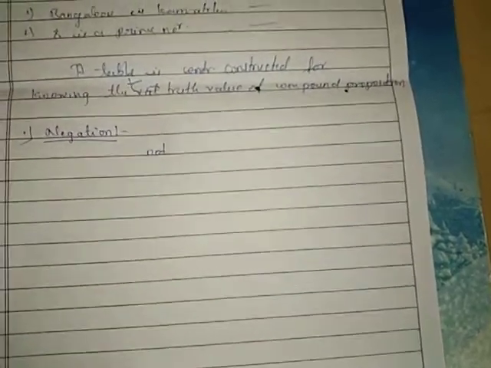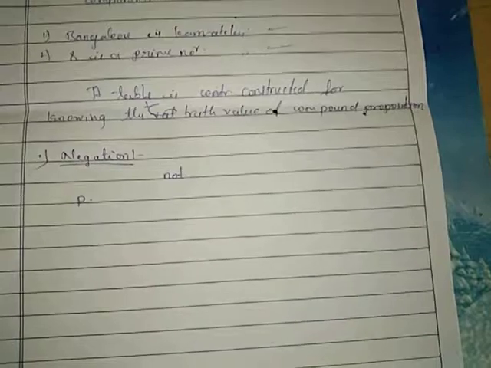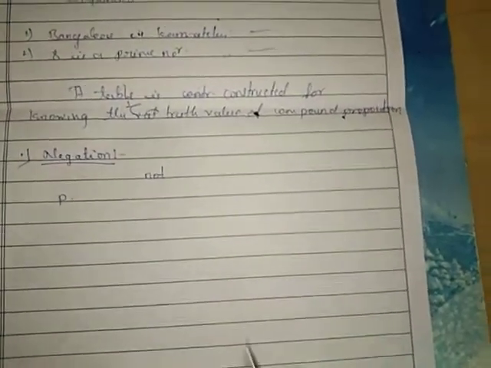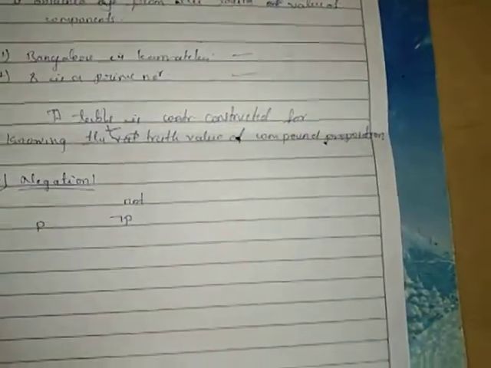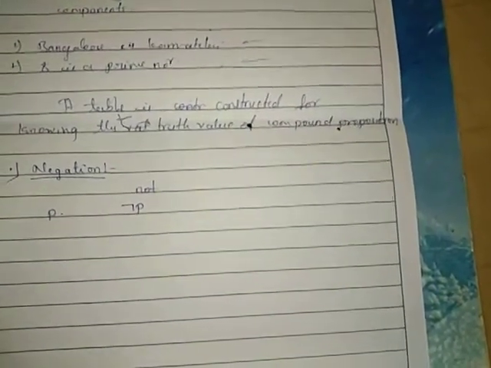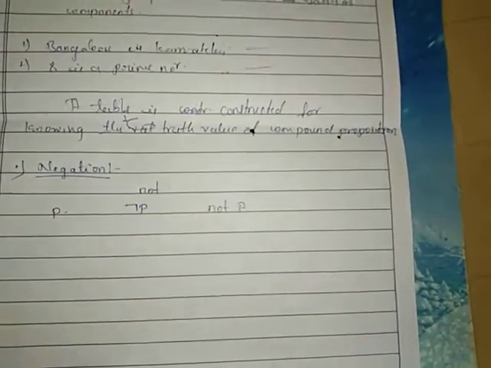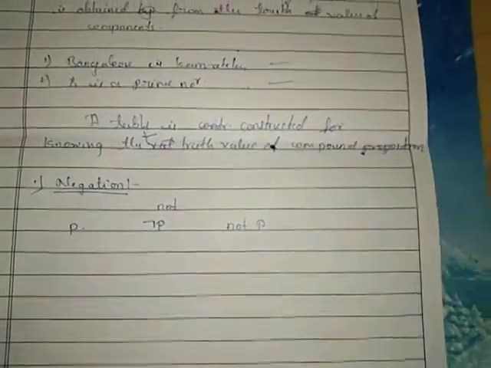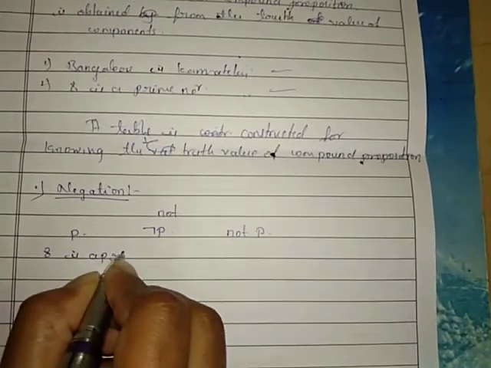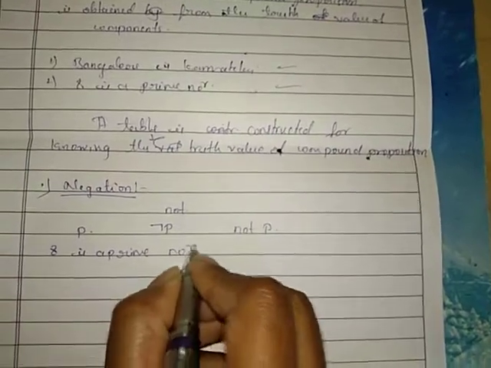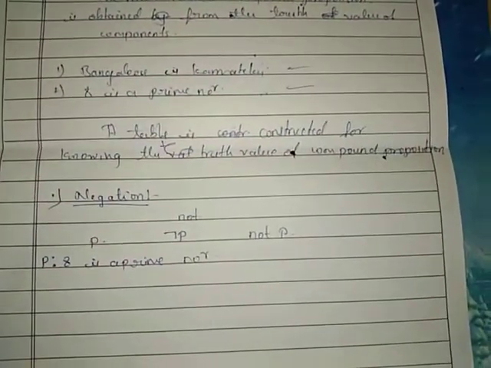Suppose P is your given proposition. The negation of the proposition is denoted by this symbol. This is called negation of P, and we also read it as not P. For example, 8 is a prime number. Suppose this is your proposition P.